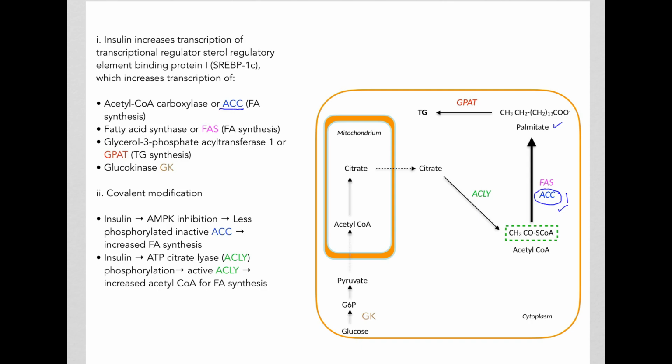So this enzyme concentration will increase, thereby increasing fatty acid synthesis. Besides this enzyme, the enzyme FAS, fatty acid synthase, is also increased. And this is another enzyme that's involved in fatty acid synthesis. And once again, as the concentration of this enzyme increases, fatty acid synthesis increases.